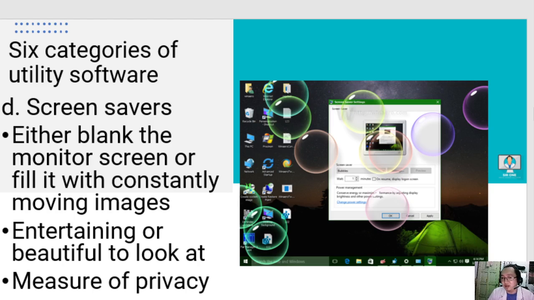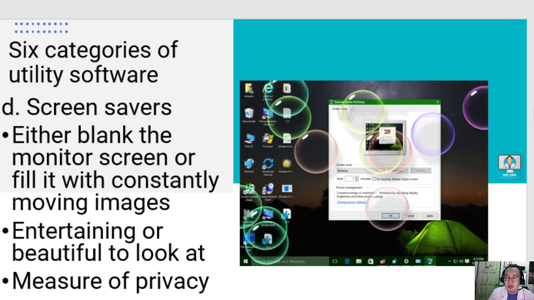If you're in idle time, and you don't want your screen, your monitor, or the content of your monitor to be seen by others, screensavers can help. It does not turn off your computer.